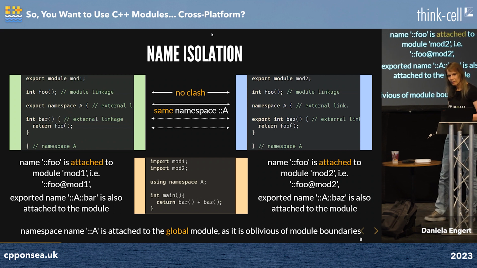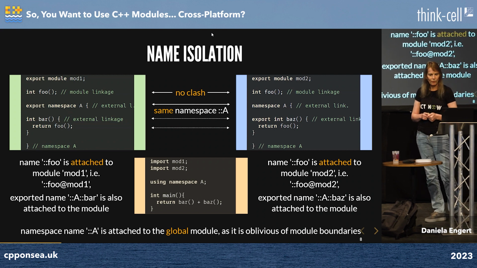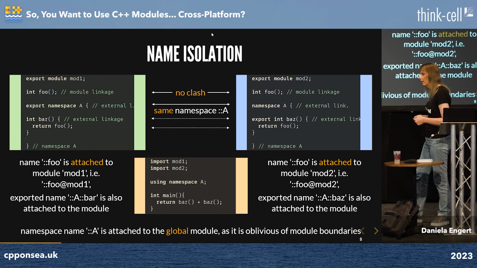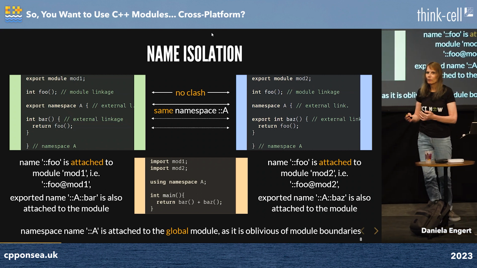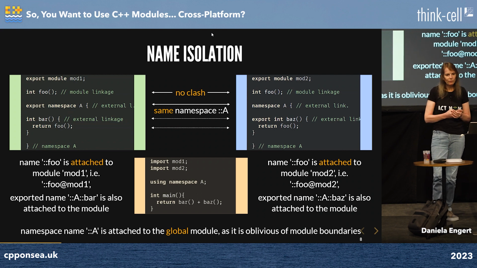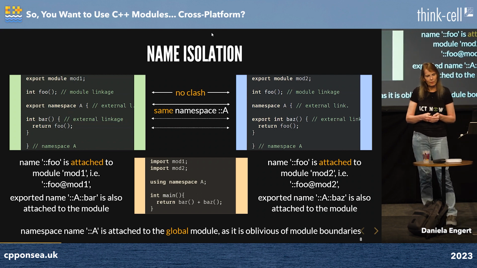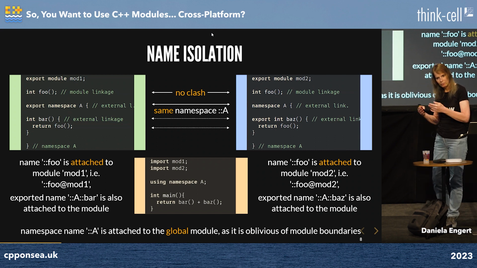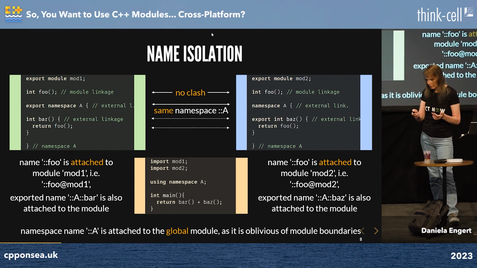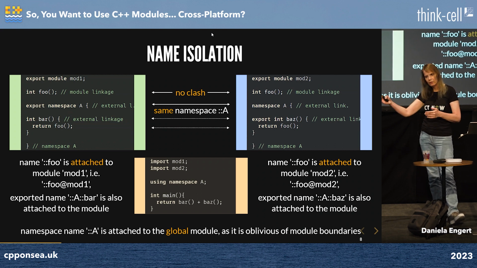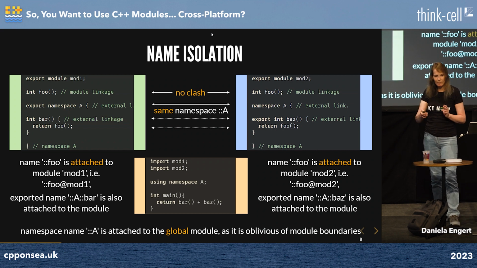Then the next thing you need to know about modules: entities which are in the module purview belong to a module. In the past, you probably know what external linkage means, so you can relate to entities in different translation units throughout the whole program.